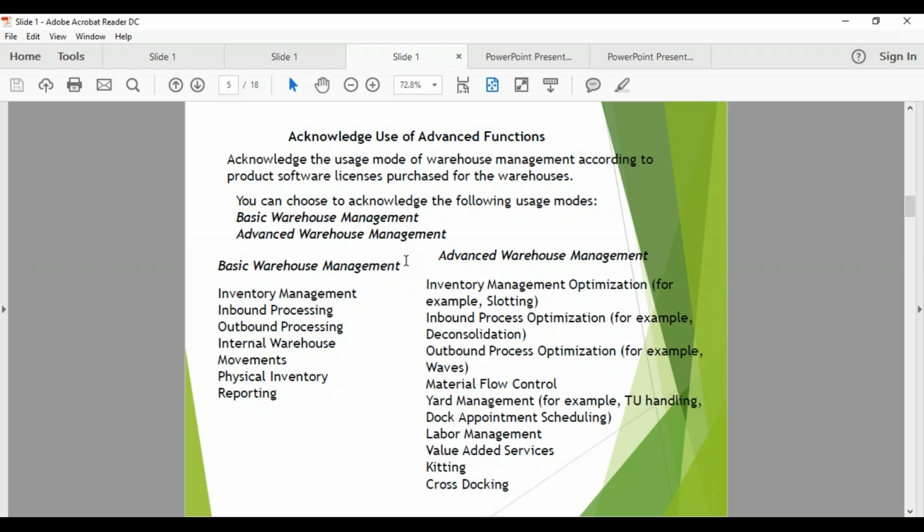Certain licenses do not require you to opt for the advanced functions, so you will not pay for those. Only where those particular warehouse functions are used will you take the additional license; it is an add-on, an additional advanced warehouse management. This is the new change which came up in S4 HANA.